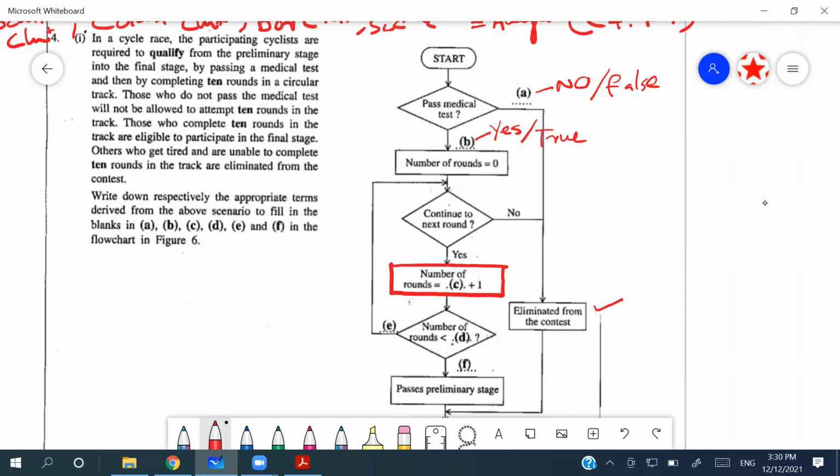When one is gone, that will be counted as 1. The next one is gone, it will be increased into 2. So in here, this formula is where you can find C. So that formula is going to be rounds equals rounds plus 1. So this is going to be the C.